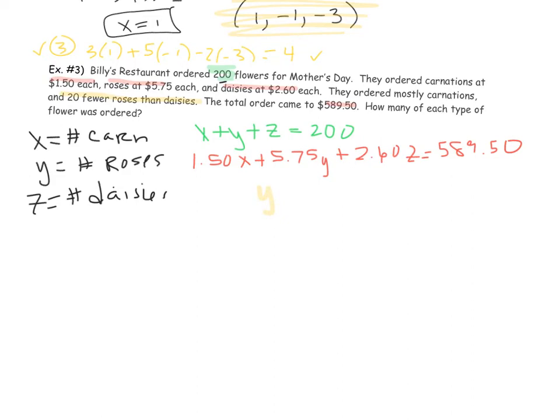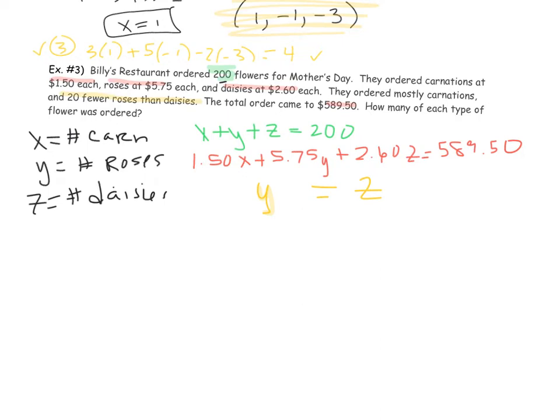Here's roses, and here's daisies. If roses are 20 less than daisies, that means daisies have more, so it's heavier. So we want to add 20 to my rose side, and that will equal the number of daisies now.